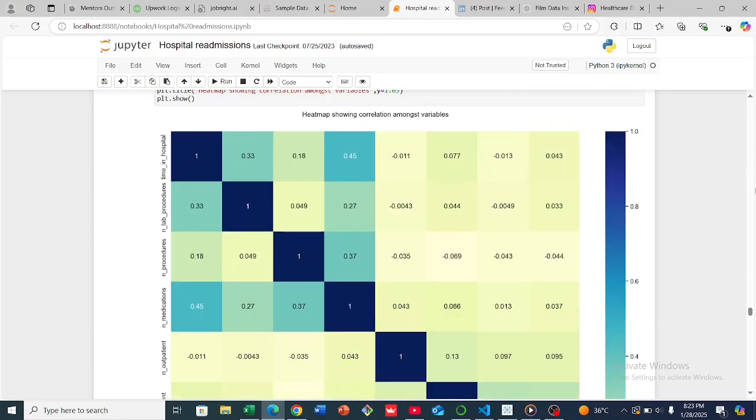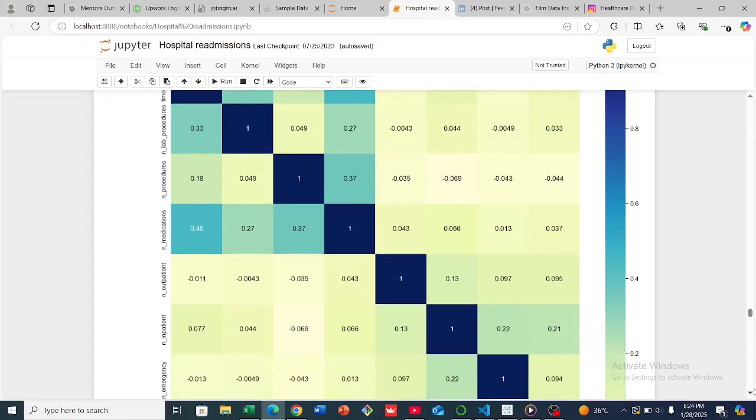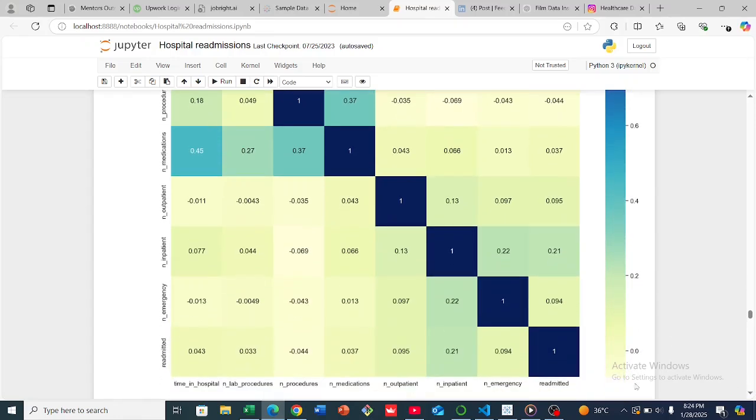So if you look at this heat map, you would see we have our readmitted as 1, and you will take note that the colors change as our correlation value changes. 0 for not correlated and 1 for strongly correlated.